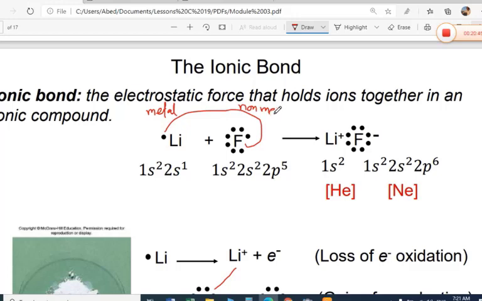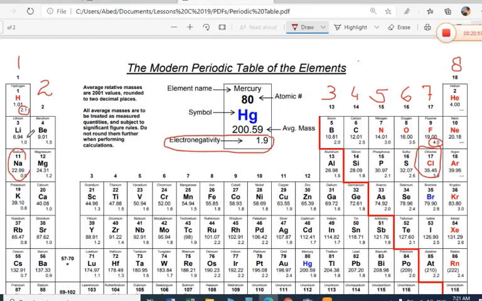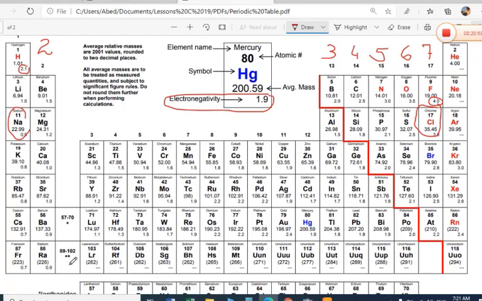So in the case of ionic bond, without calculation, if you want to know whether it is ionic or not, you have to see the first element. If it is a metal, you see these are the metals. All the elements on the left hand side of this red line are called metals, and if these metals are present in the molecule, then it is called ionic.